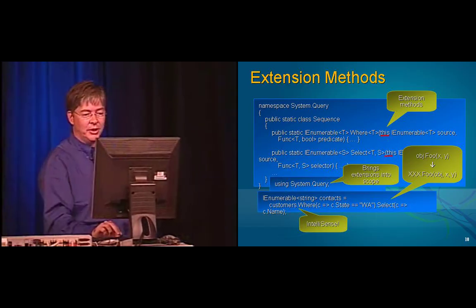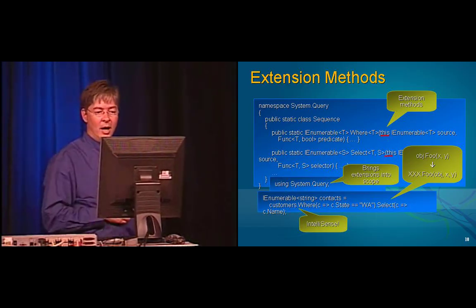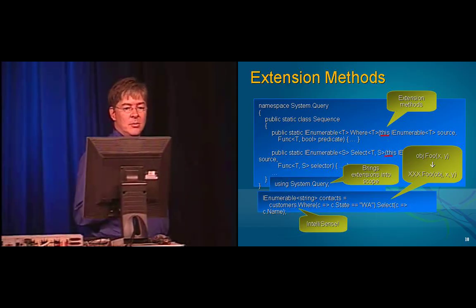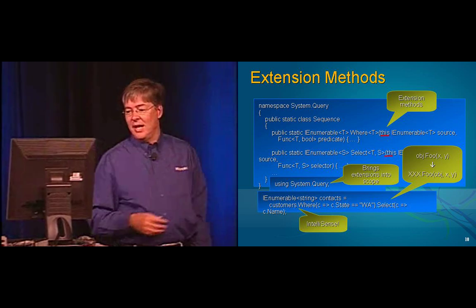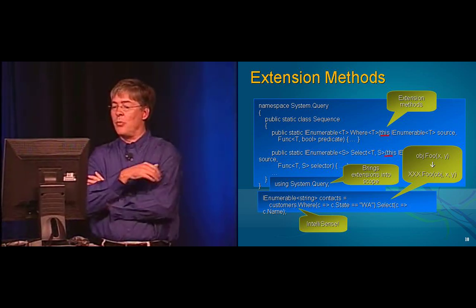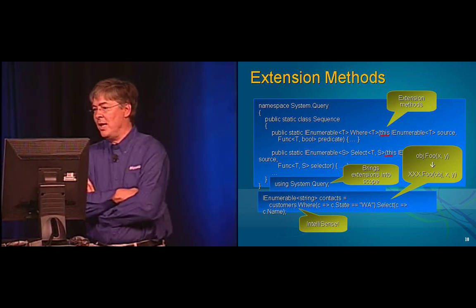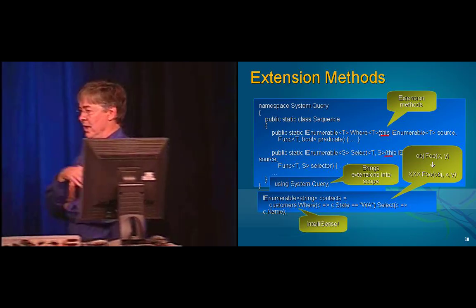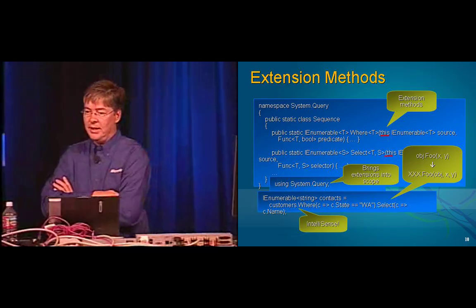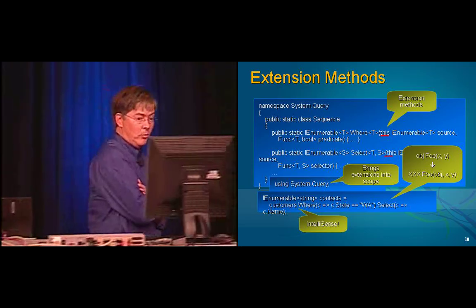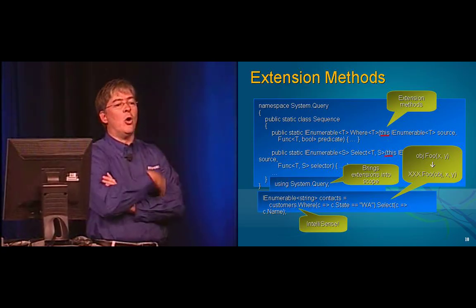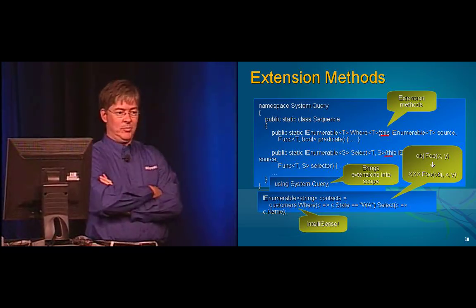Let's see how it works. When we say using System.Query, that brings extensions into scope. Today, when we import a namespace, we import all of the types in the namespace and put them into scope. With C# 3.0, we also put all extension methods in that namespace into scope.